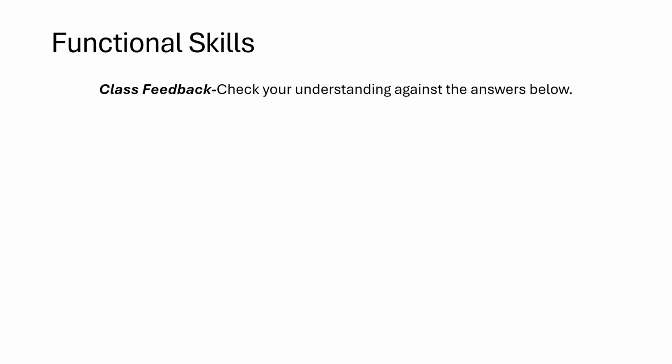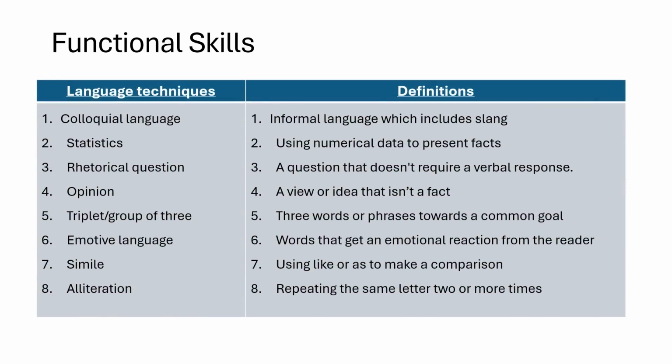Class feedback. Check your understanding against the answers below. So we've got our language techniques on the left hand side, and you can see there the definitions are on the right. So we've got colloquial language, that's informal language, and it also includes slang. Statistics, which is using numerical data to present facts. Rhetorical questions, a question that doesn't require a verbal response.